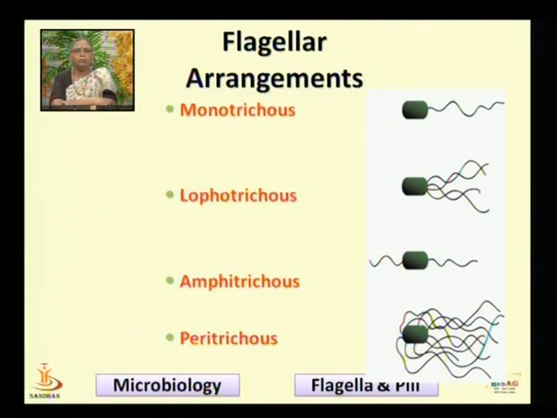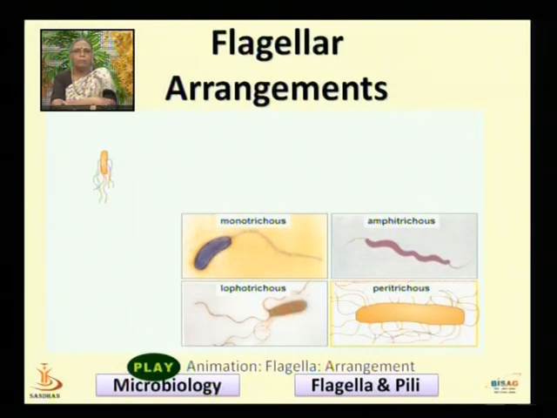In case of the fourth figure, the flagellation is found all over the surface, that is the lateral flagellation is there along with the polar flagellation, and as a result, it is the peritrichous flagellation, where a large number of flagella are present all over the cell surface. The same here, the color figures show the different patterns of arrangement of the flagella.